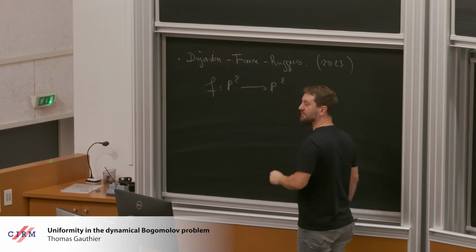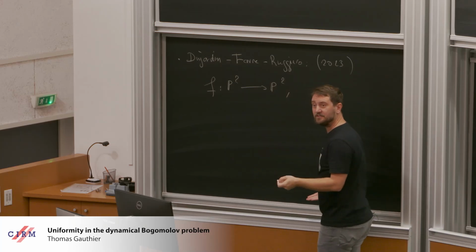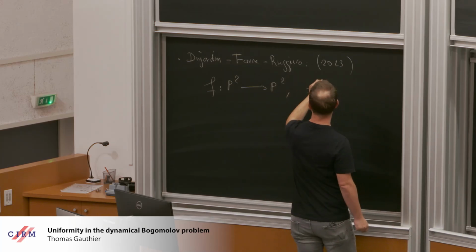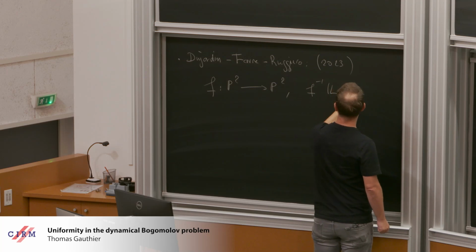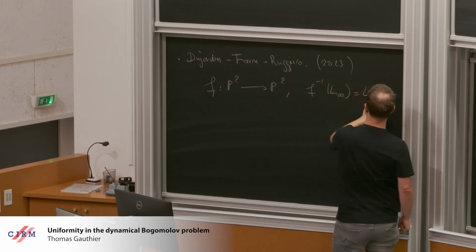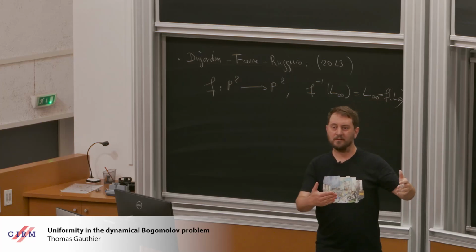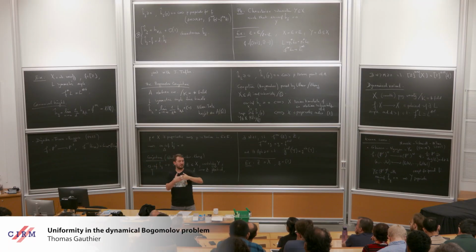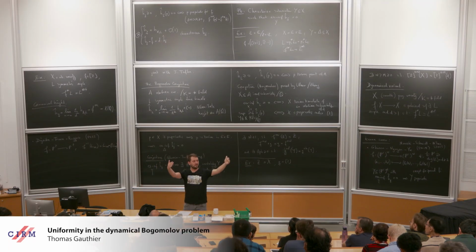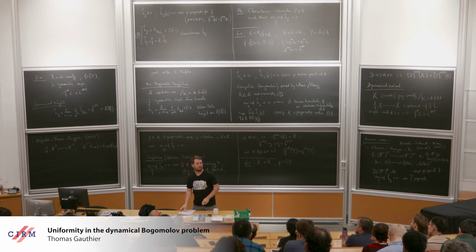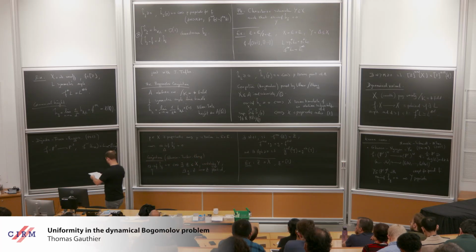You choose an affine chart, and you impose that the line at infinity is totally invariant. So it's a polynomial mapping of the affine plane to the affine plane, which extends as a regular map from P2 to P2. And you have to set up one condition.